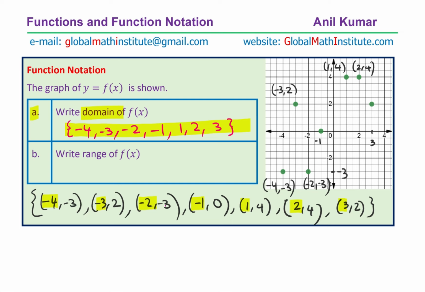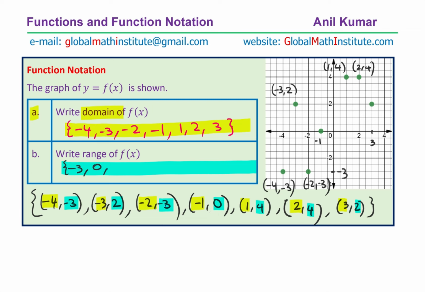Now let's look into the range part. So we are going to highlight the range, which is the y values, dependent variable values, correct? Each element in the range will now be copied from here, which is minus 3. We have twice minus 3, so there is no need to rewrite it, correct? I prefer to write it in order, so I'll put 0 first, right?